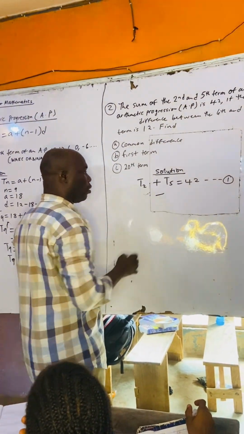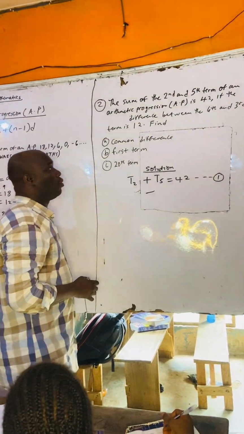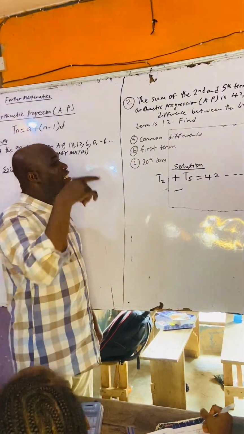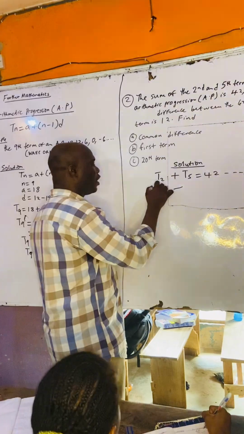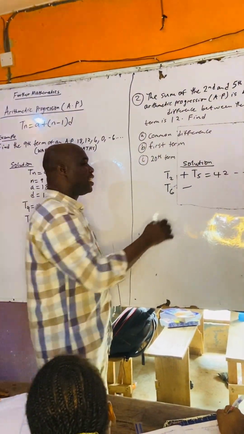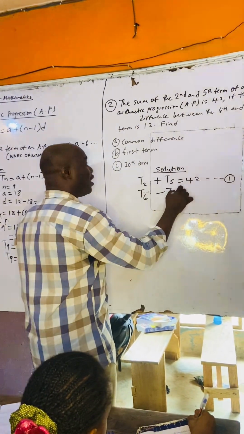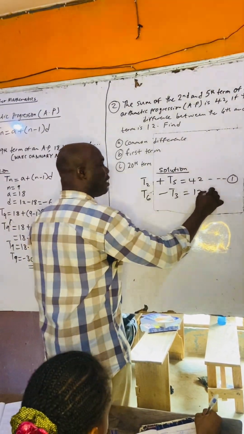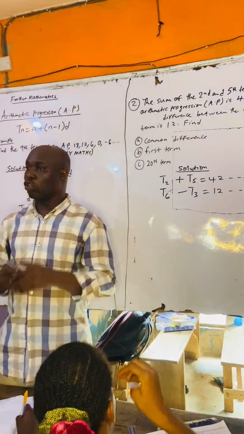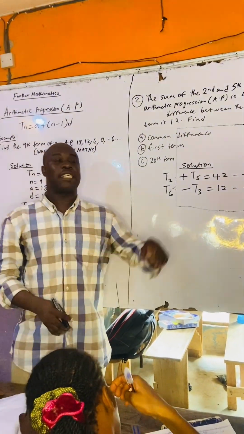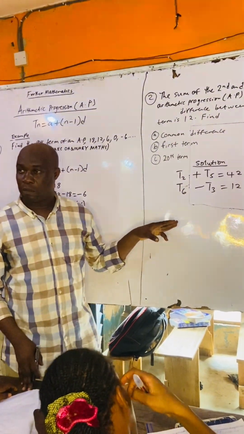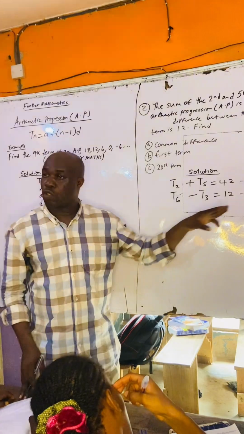Now, if the difference between the 6th, that's T6, and the third term, T3, equal to 12. This second expression, I can make it equation 2. There is need for you to expand this equation 1 and equation 2.